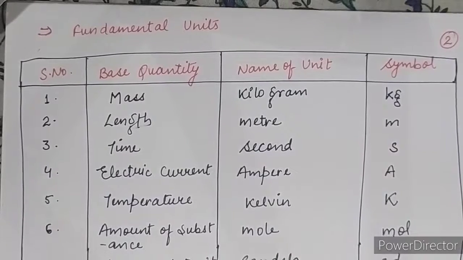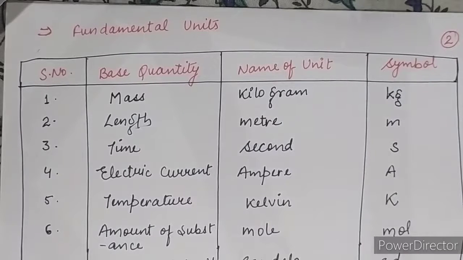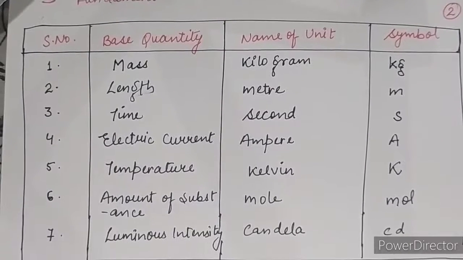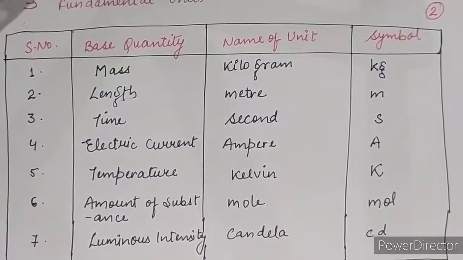Remember, a term which is denoted by a small alphabet has to be written in small only. If we write that in capital, then it will be incorrect. So this is your table of fundamental units.